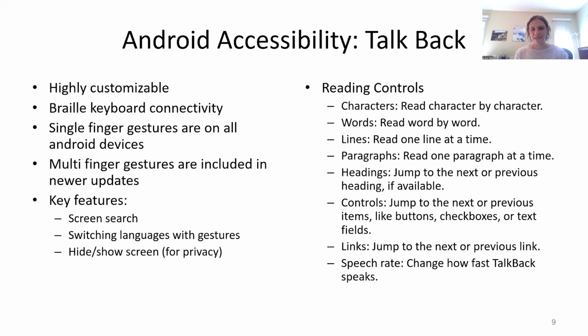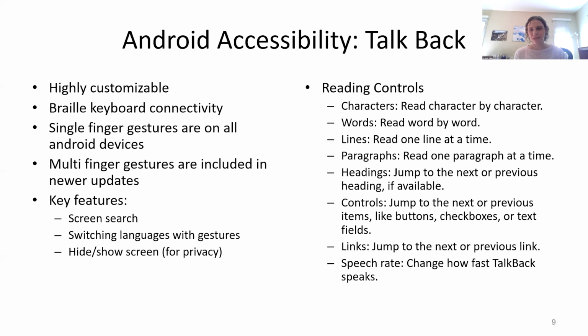And again, if the website is encoded properly, you can use TalkBack to jump to buttons or text boxes or check boxes. So you don't have to have it read every single item on the screen. These are the more advanced uses of TalkBack, but patients have become quite efficient in doing this. So it really gives them a good option.